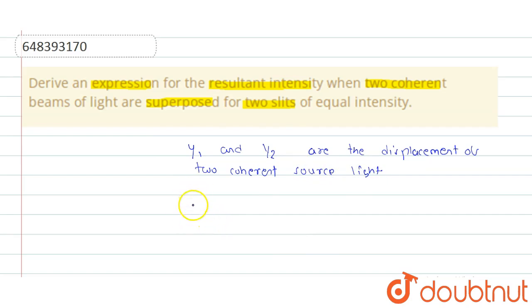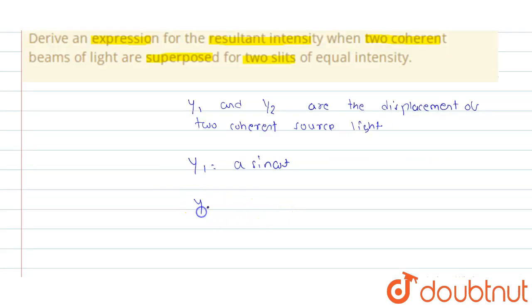So students, we can write y1 is equal to A sine omega t, and y2 is equal to A sine of omega t plus a constant phase difference between them, and the amplitude should remain constant, so that they are coherent. This is the displacement of the two waves.